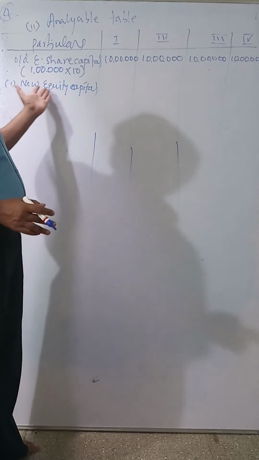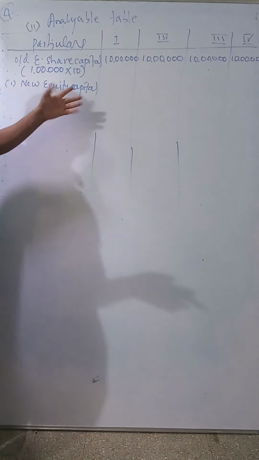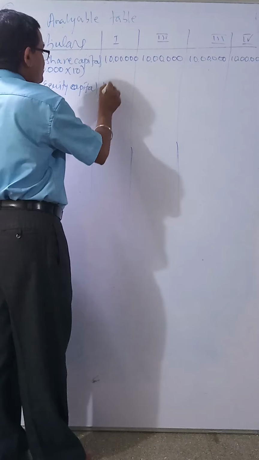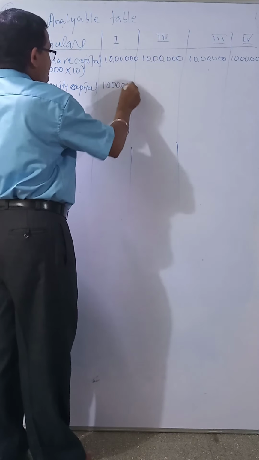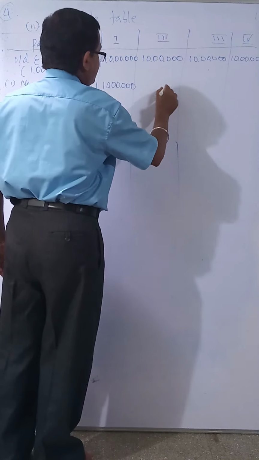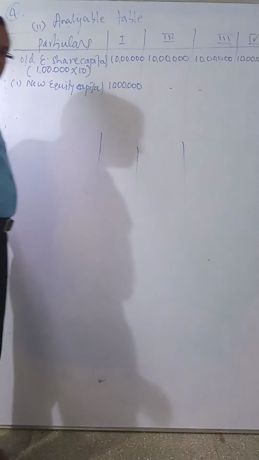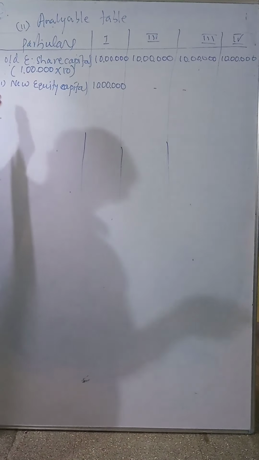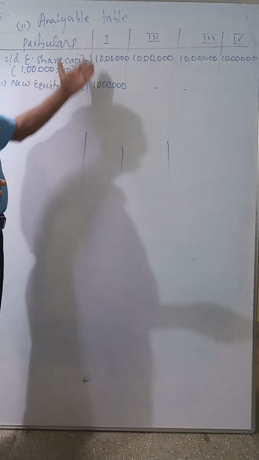So you have to write, in the first point, all new equity shares, 10 lakh. First point over: they raise the fund by issuing equity shares for rupees 10 lakh.